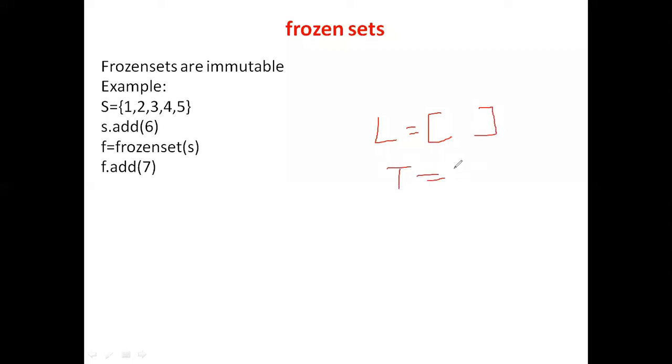Now everyone please give the response in the chat box. What is the difference between these two data types, list and tuple?